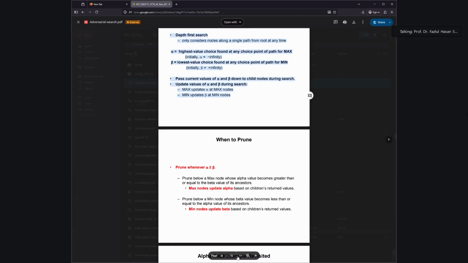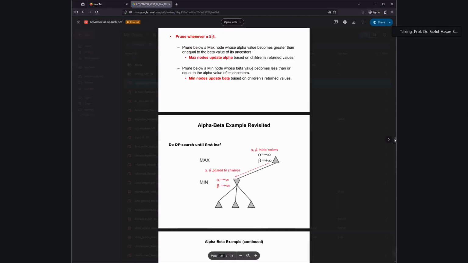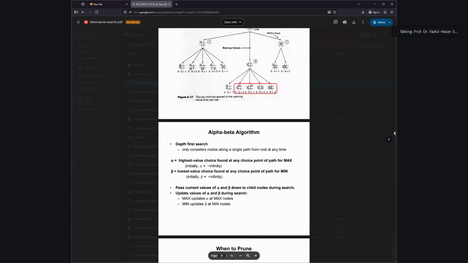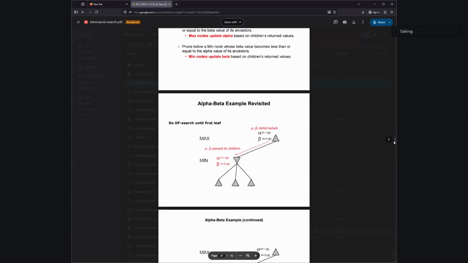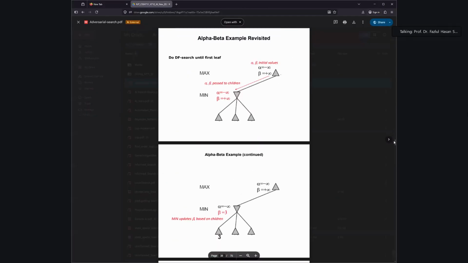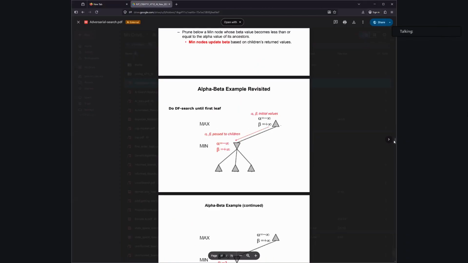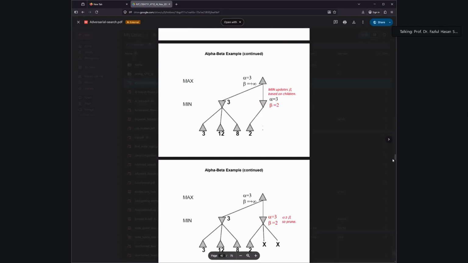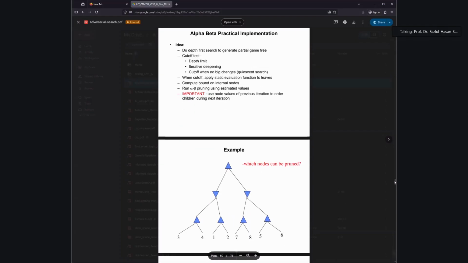So don't think there are 76 slides, so many slides. Those who didn't go through the class, for them it will be hard, but for others it's very easy. Even the same example, the explanation is here, with the same problem explained with multiple different diagrams and so on, just for clarification.